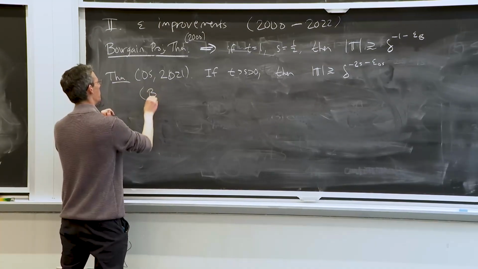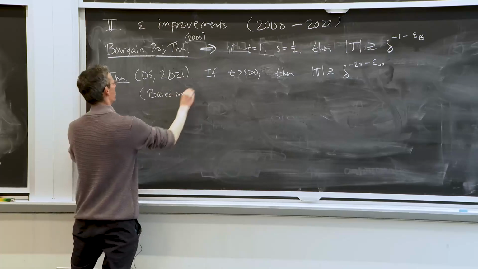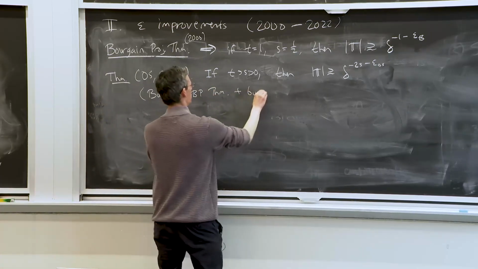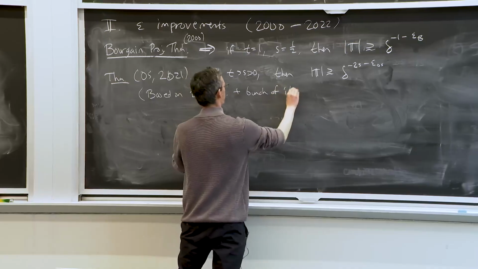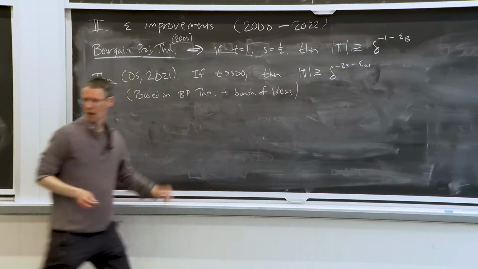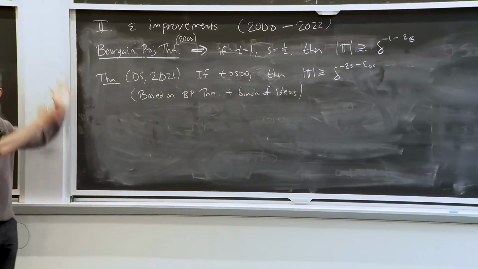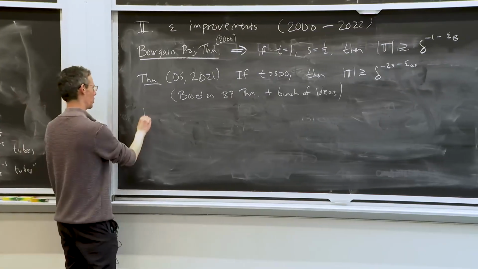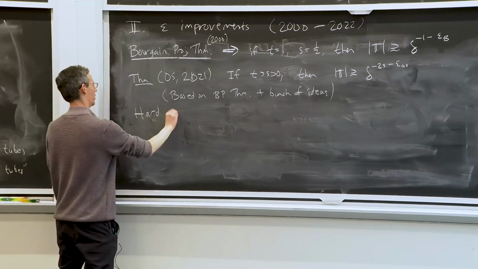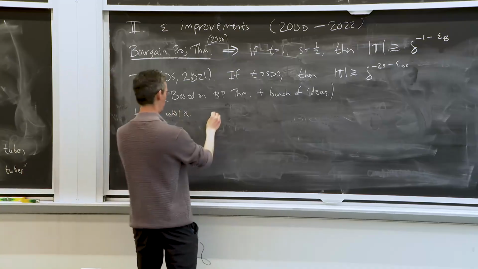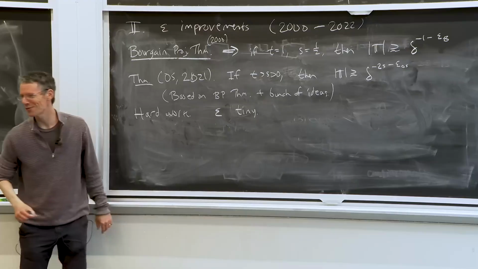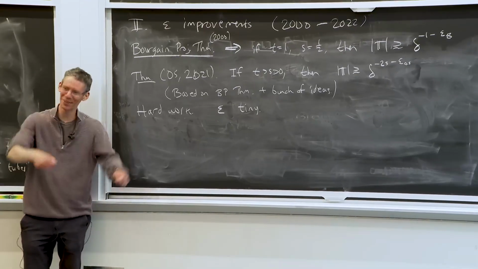So this is based on the Bourgain projection theorem plus a bunch of ideas. And an emotional reaction that I had to learning this and going through it with you is that it's hard work. And also, epsilon is really tiny. It seems like the cleverer we are, the harder we work, we keep making epsilon smaller.